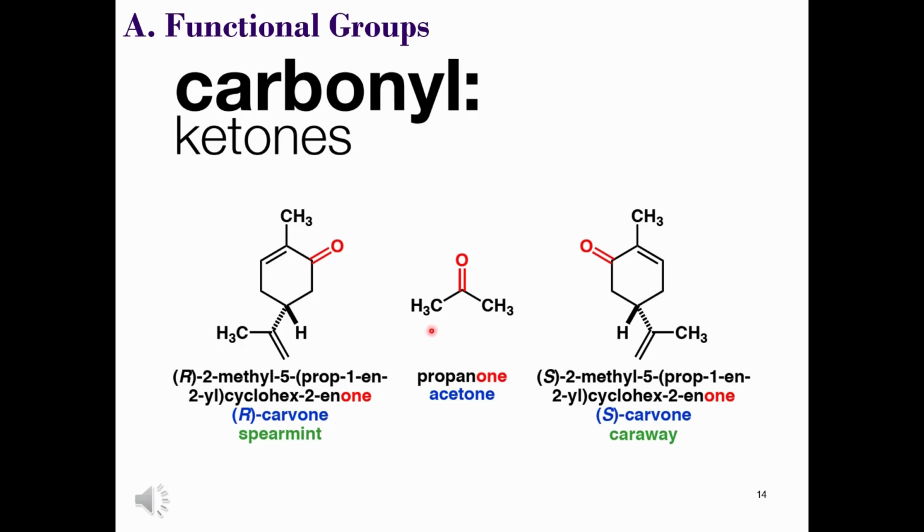Well, propanone, the middle ketone, is another useful solvent, but it also contains only one functional group. That is the ketone itself. However, both R-carvone and S-carvone contain two types of alkene. That is an isolated alkene at the bottom of each molecule and an alkene that is conjugated, which I've highlighted here.